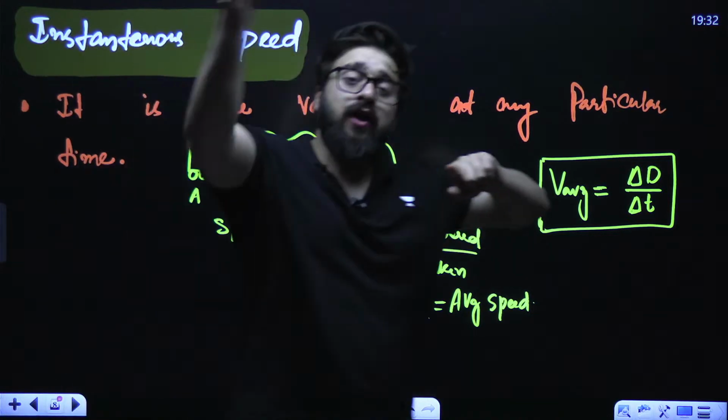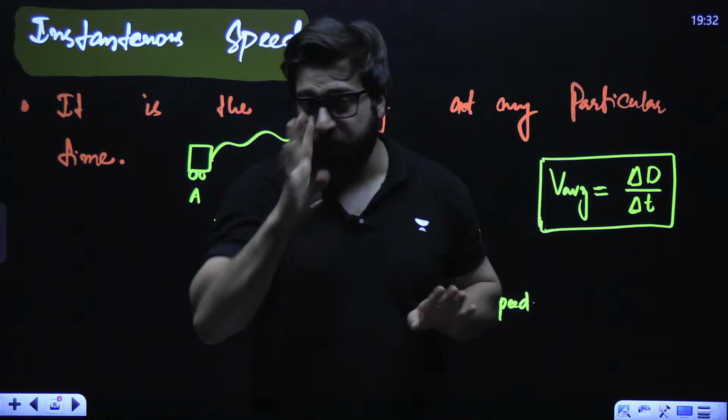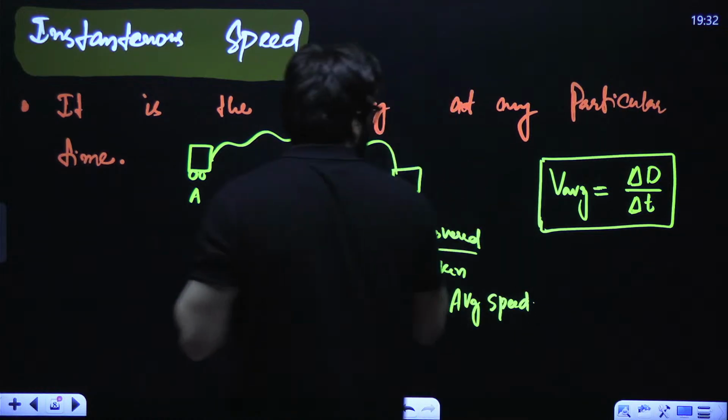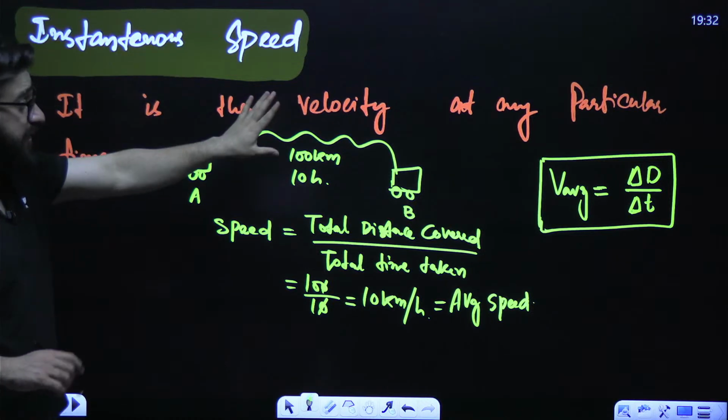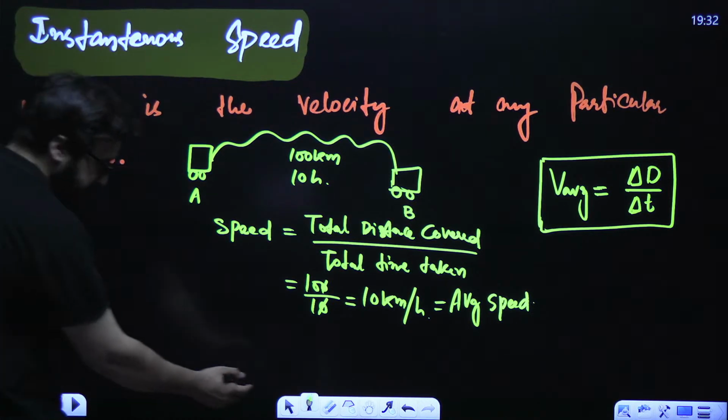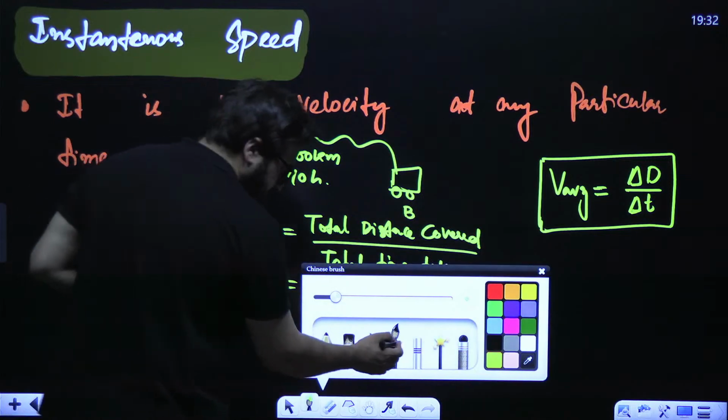In general, what is the speed from A to B? That is what we call the average speed. Now, my dear friends, since we have to discuss the instantaneous speed, understand one thing very carefully.